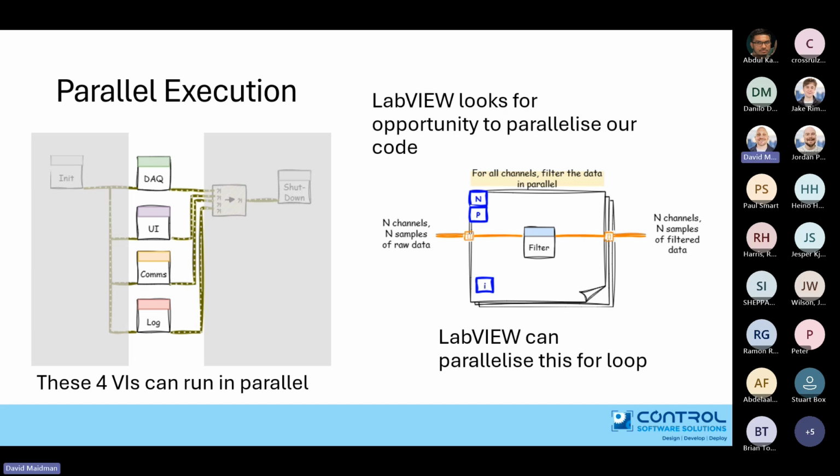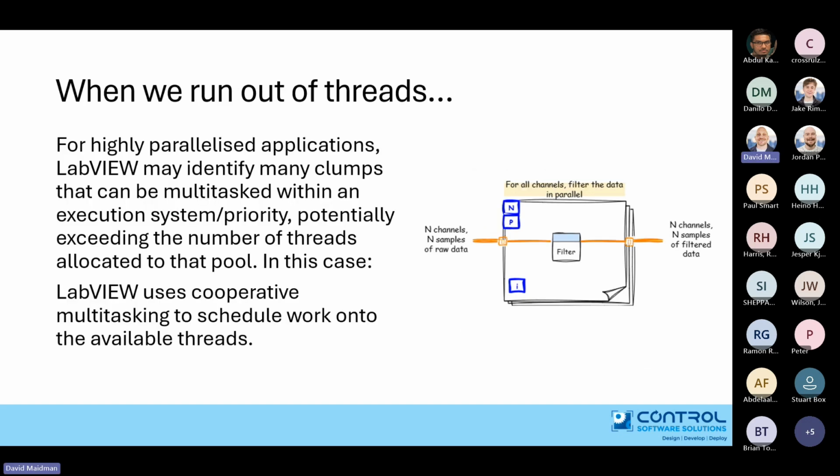Also, this is an opportunity where we can parallelize. LabVIEW's able to split these things out into parallel and use a number of threads there. Sometimes, though, we can exceed the number of threads that are available in our worker pool.